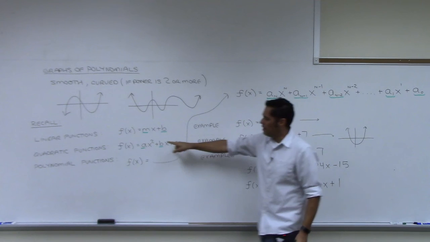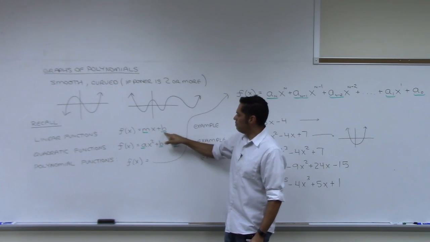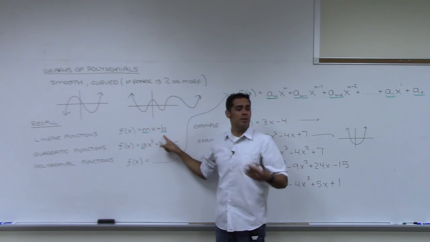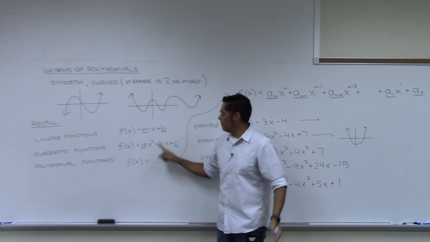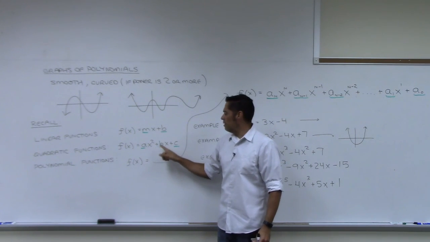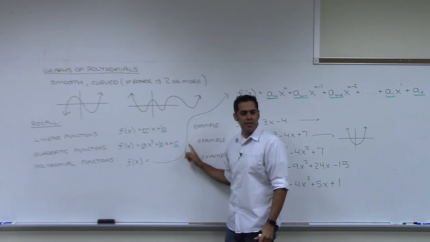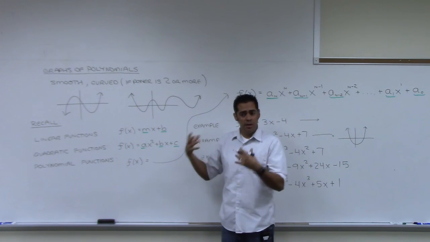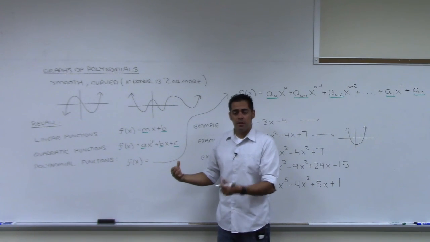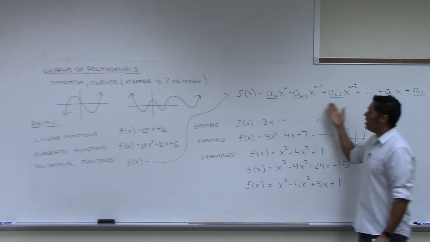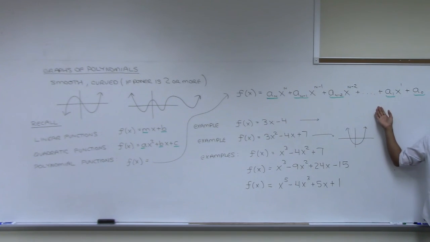Look at what we had here. I had mx plus b, right? And we said that the m and the b were just numbers that we're going to plug in. Here we had ax squared, bx, and then c, right? The a, b, and the c were just numbers. So here, what I'm underlining in green there, those are just numbers. Arbitrary numbers. So why write it that way?